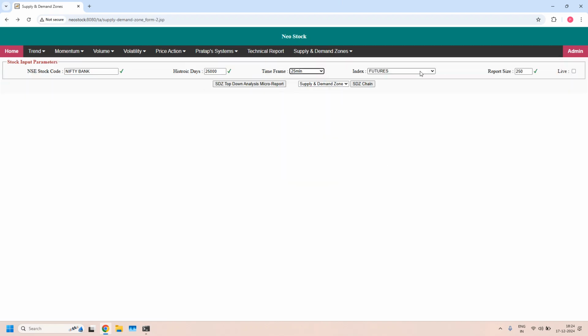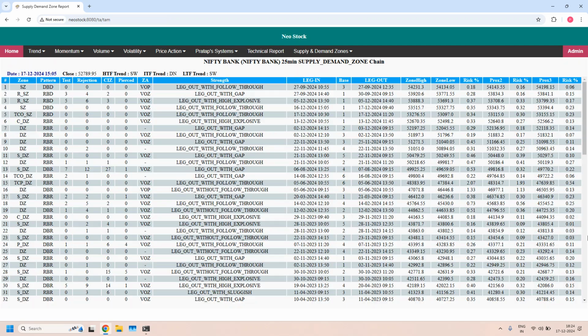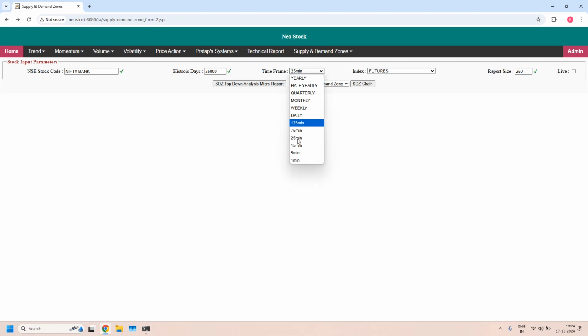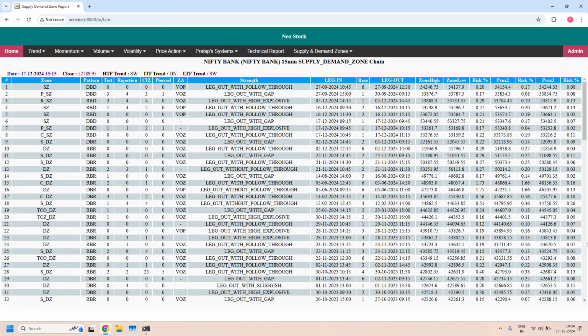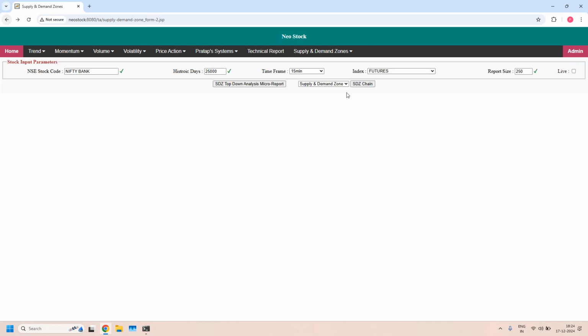Next, 25 minute supply demand zone chain for BANKNIFTY. Next, 15-minute supply demand zone chain for Bank Nifty. Next, 5-minute supply demand zone chain for Bank Nifty.